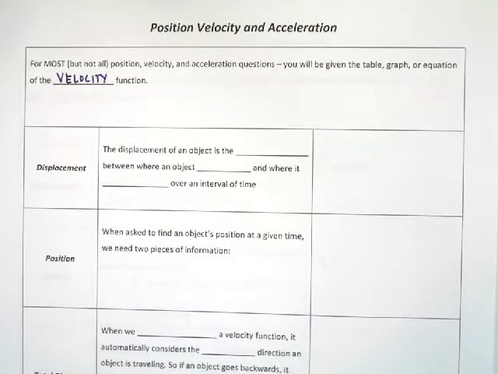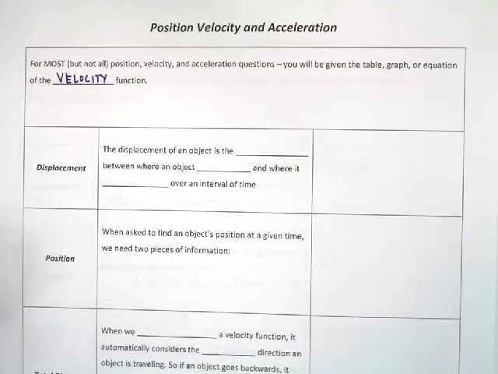Again, it's not just going to be dealing with position, but rather starting with velocity and then getting to some of these other functions using integrals and derivatives. So as we talk through these terms that we've obviously worked with before, we're really going to be defining how we find them if we're starting from the velocity function.